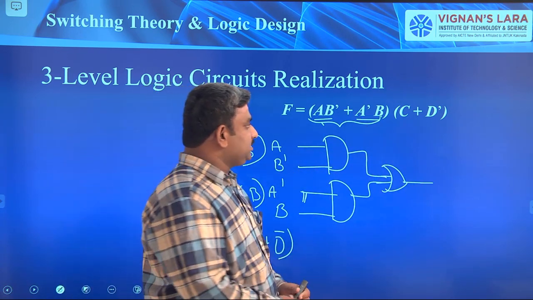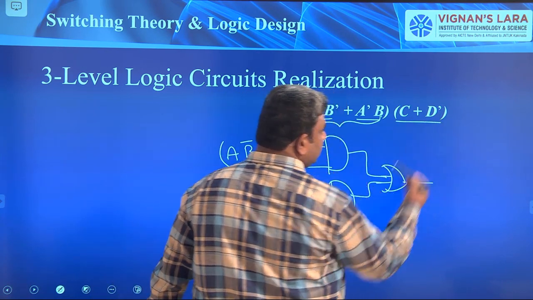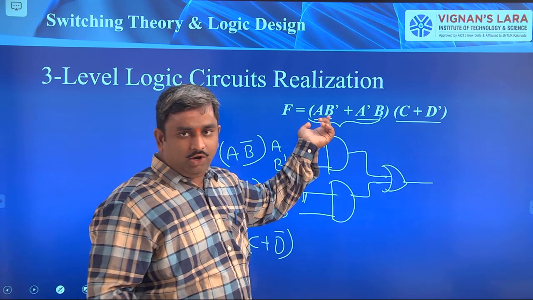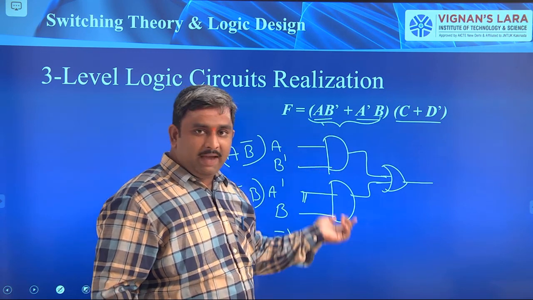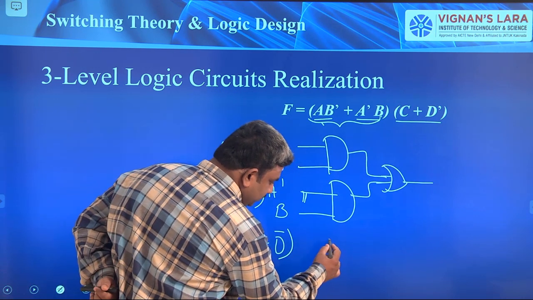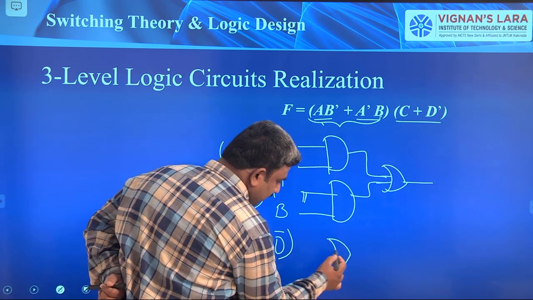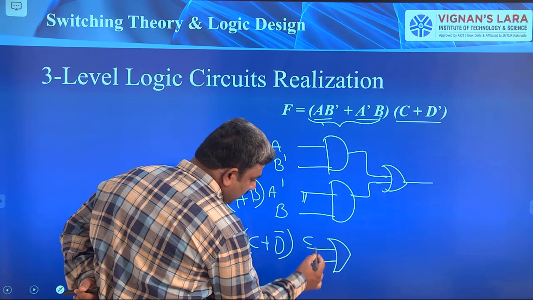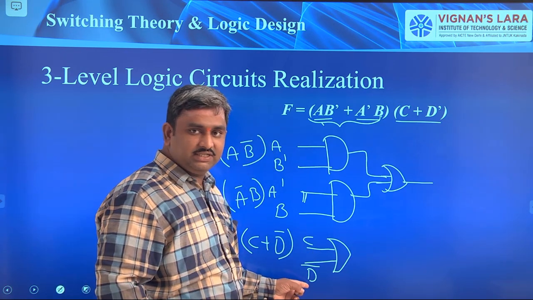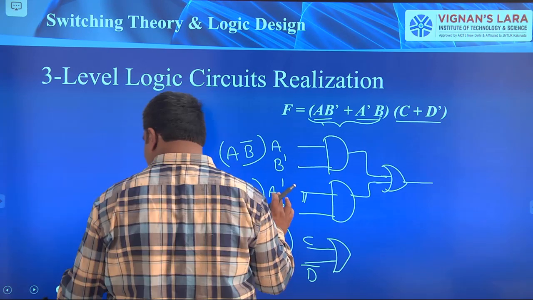Next, another function here is C plus D bar. When you are doing the A B bar operation, in parallel you can do the C plus D bar operation also. For that we have to use an OR gate. One signal is C and the second signal is D bar.